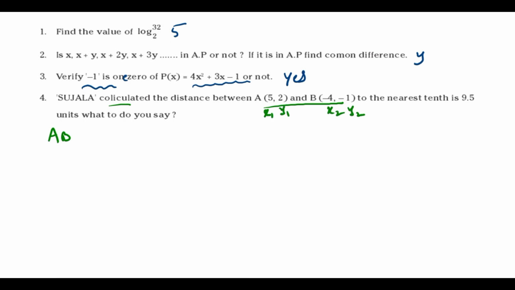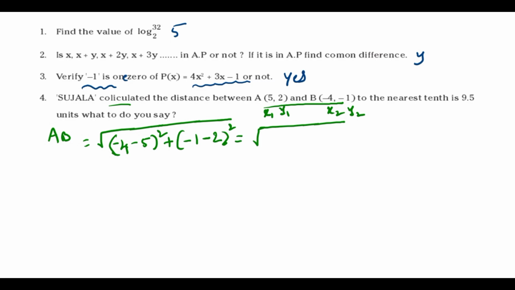So AB equals root of x2 minus x1, that is minus 4 minus 5 whole square, plus y2 minus y1, that is minus 1 minus minus 2 whole square equals minus 4 minus 5 is minus 9 whole square plus minus 3 minus 2 is minus 3 whole square.